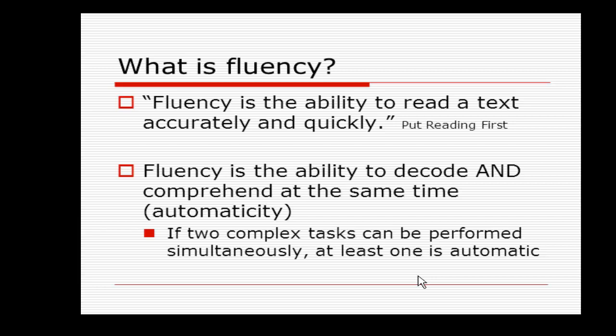Brain research shows that 17 different parts of the brain must work together to create fluency. If a reader takes more than 18 seconds to decode a phrase, the meaning will not be put in their short-term memory. The meaning is lost. In other words, fluency is the ability to decode and comprehend at the same time.